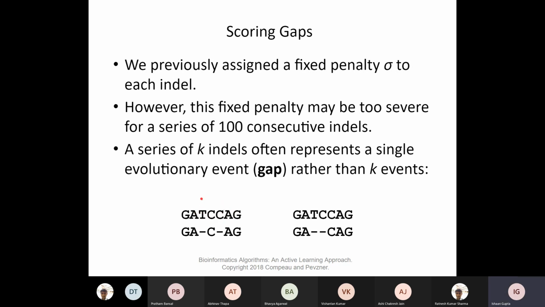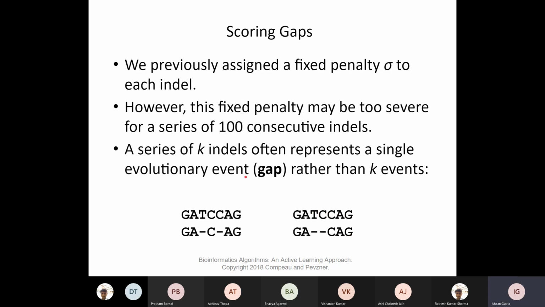So first there was maybe a breakage of chromosome here, then it was repaired, because of which this particular nucleotide was lost. Then again there was another breakage of chromosome here, which was repaired, and there was another insertion or deletion happening here. Versus you have a situation like this, whereby there was a single event of chromosome breakage, and while the repairing was happening, instead of one nucleotide, two nucleotides were simultaneously taken off.